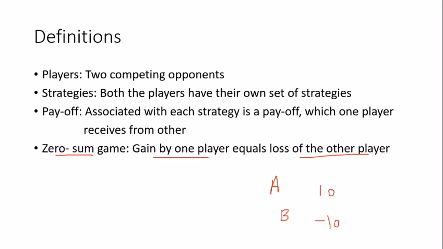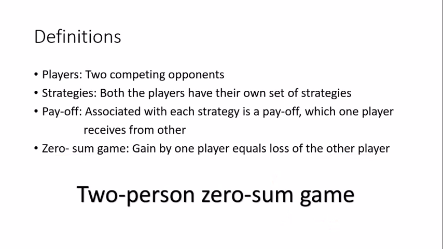Whatever is the gain of one person is a loss of the other person. So the sum of gains and losses equals 0, because whatever is gained by one is equally lost by the other. So the kind of games we will be dealing with are two-person zero-sum games. Two-person, as I've already explained, means the number of players is exactly 2, and it's a zero-sum game.